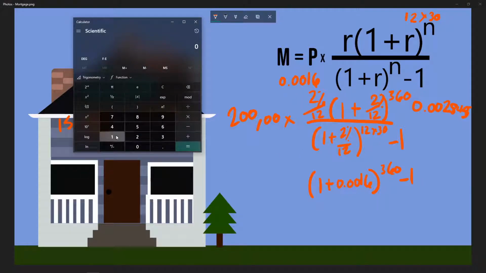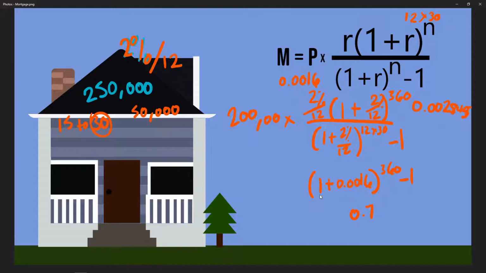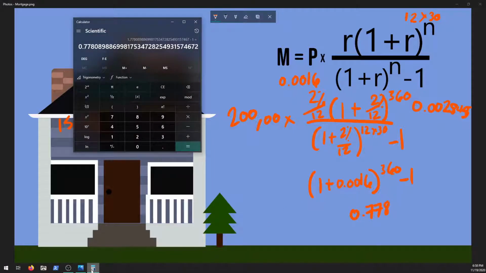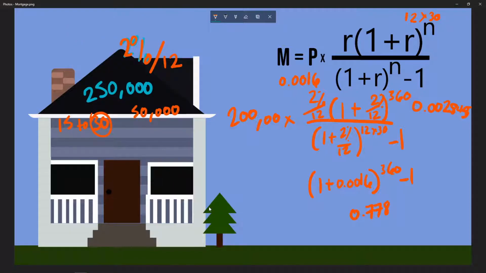Let's just clear the calculator. 1 plus 0.0016 to the 360 minus 1. All right. 0.778089. All right.